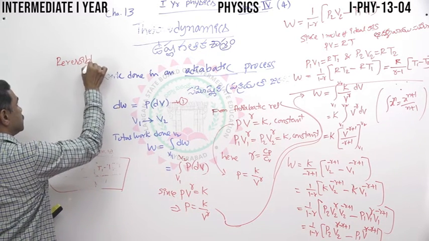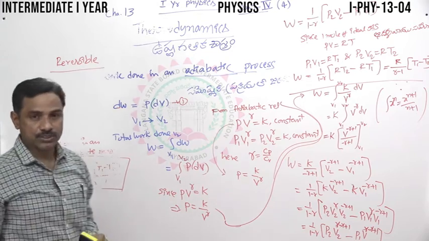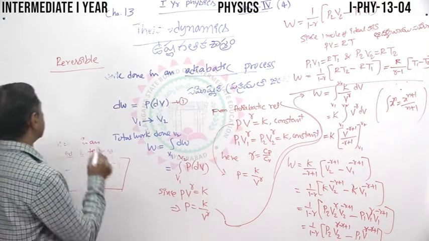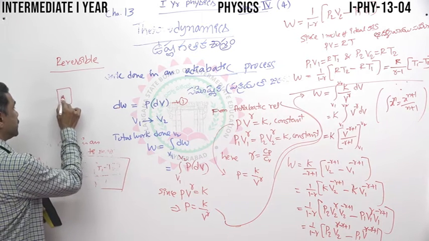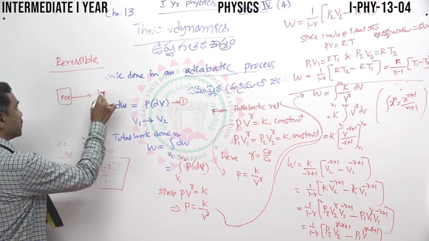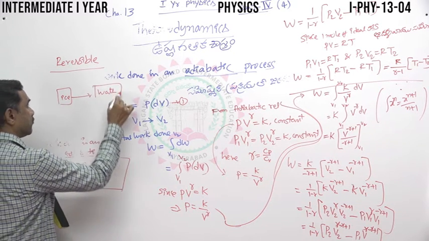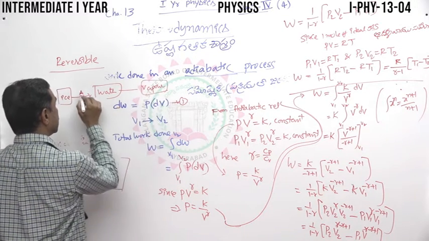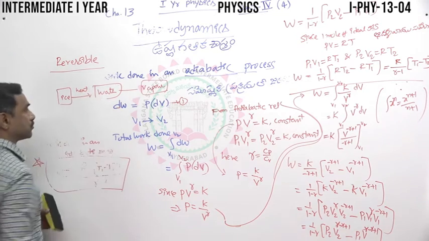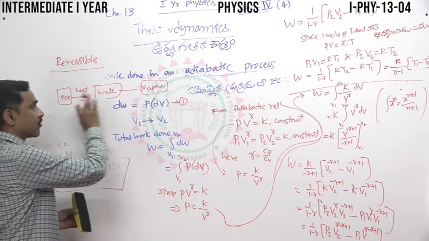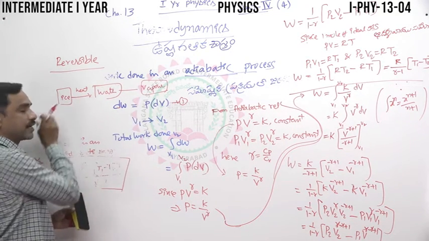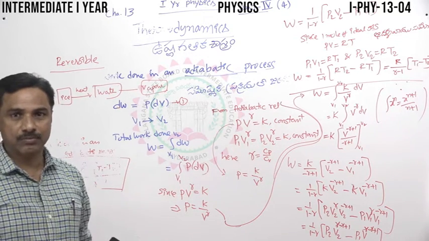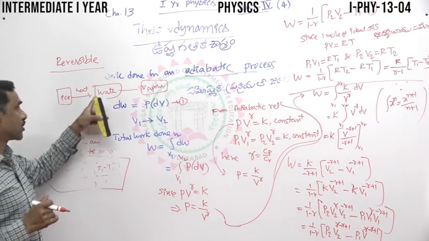Reversible process. What is a reversible process? I'll give a raw example. We take ice. When we heat the ice, what happens? Water is formed. If we continue heating the water, vapor is formed. Here we are heating, in the forward direction. On heating, ice will melt and a change of state will take place; liquid state, that is water, will be formed.